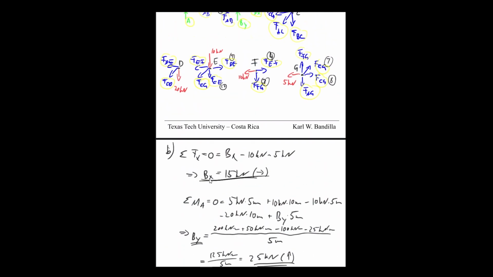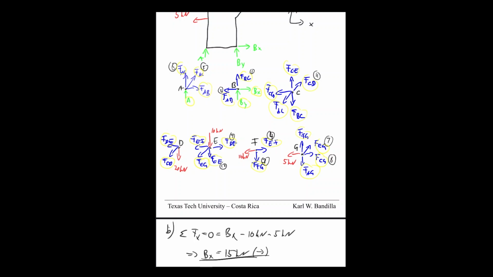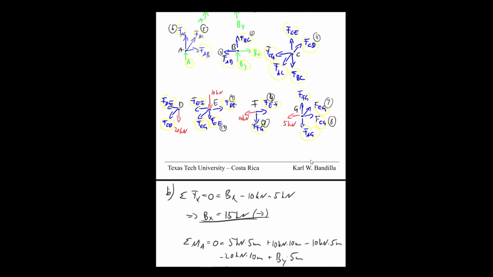Let's see, so this was 5, 6, 7, 8, point G, and we're looking for EG, so we'll have to go Y direction first, right? Because that way CG doesn't have a component, the other two components we already know.